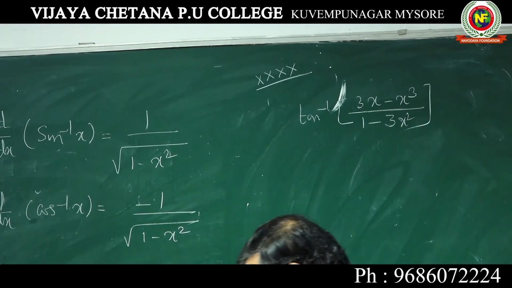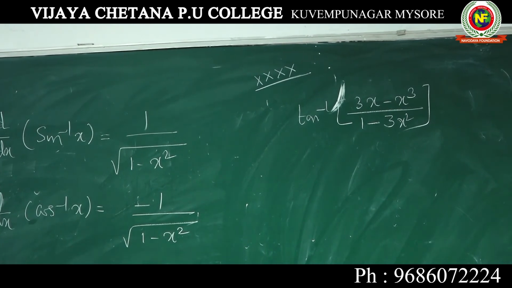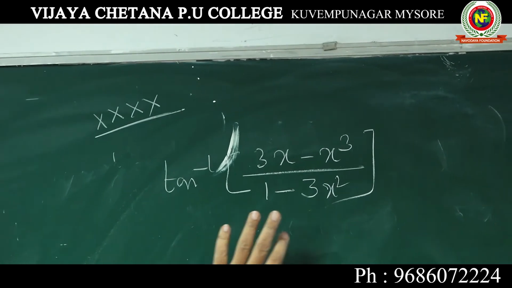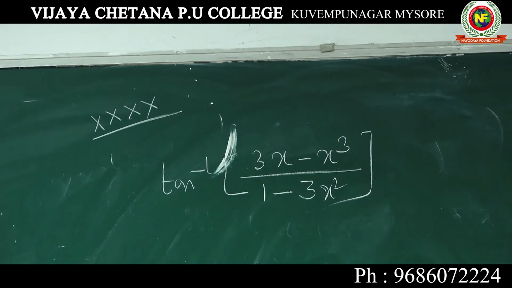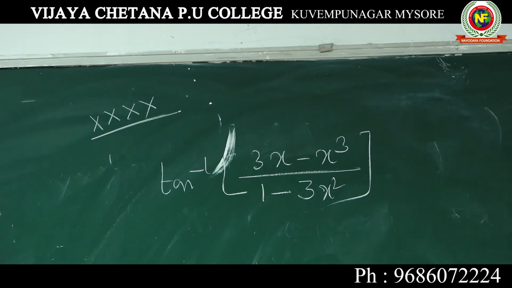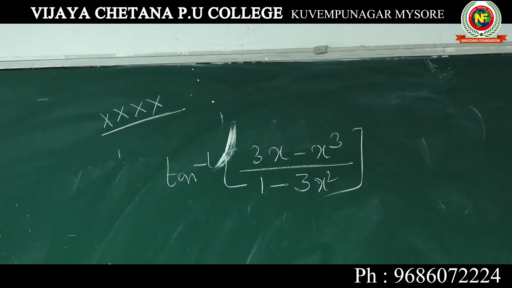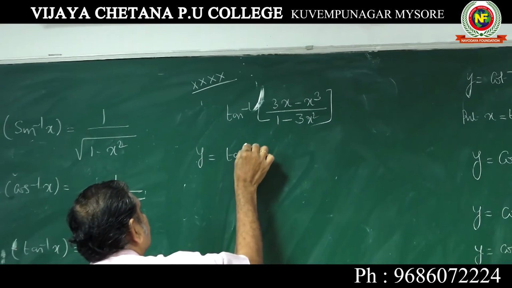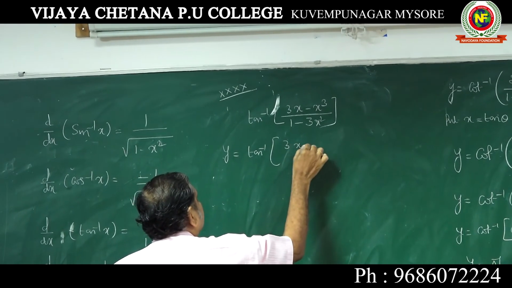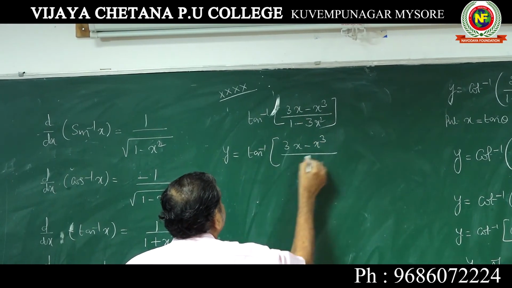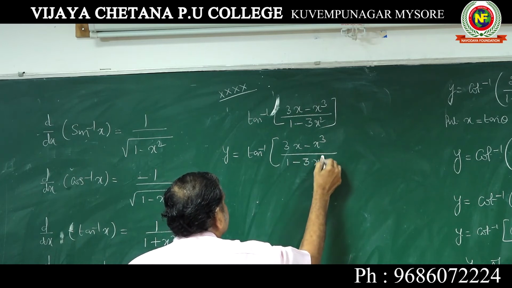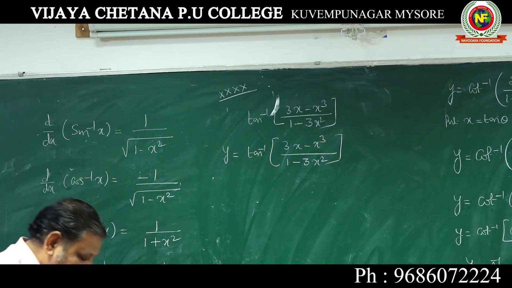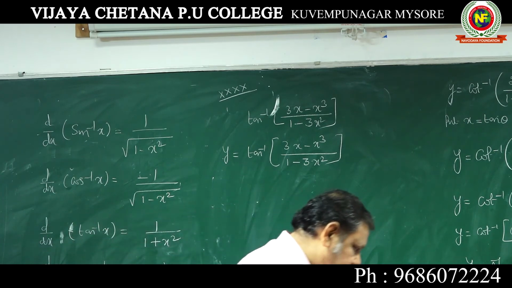This is the question. Very important problem. They have asked this year also, so maybe your chance also to get. y is equal to tan inverse of 3x minus x cube by 1 minus 3x square.